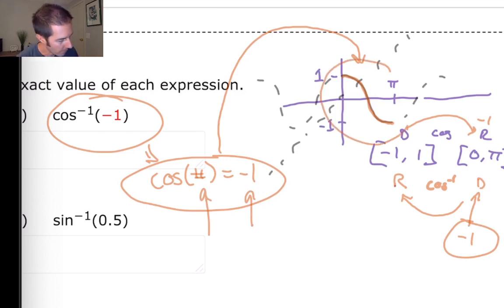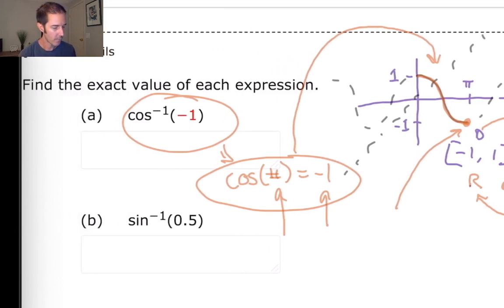Where on this restricted domain graph do you see a point that has a y coordinate of -1? I think it's right there. And what's the x value that goes along with that y value at that point? And the answer is pi. And so the inverse cosine of -1 is pi.